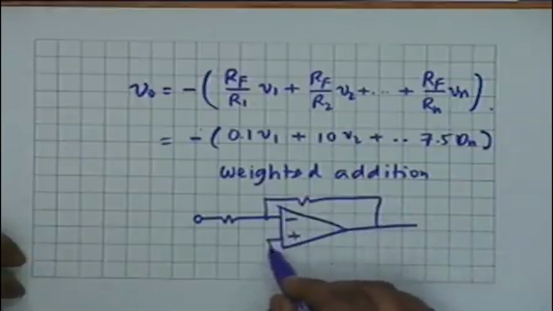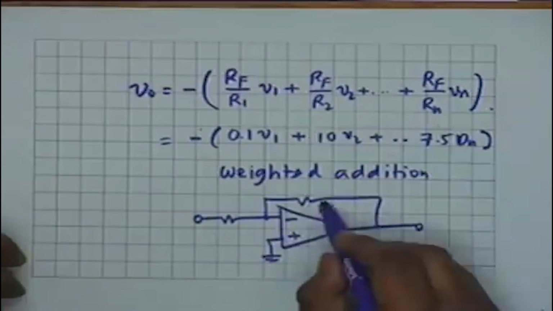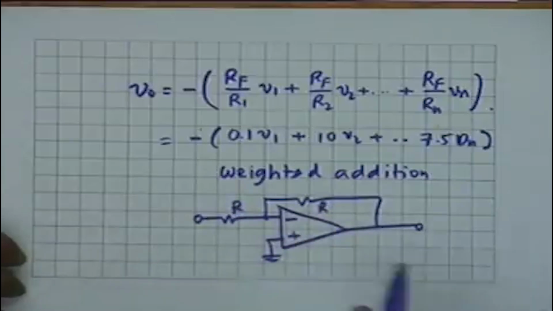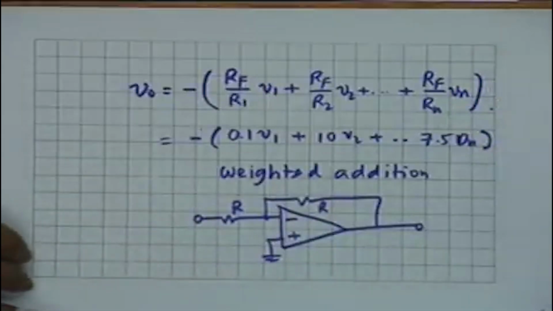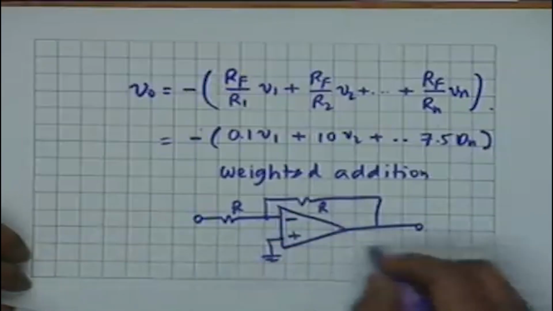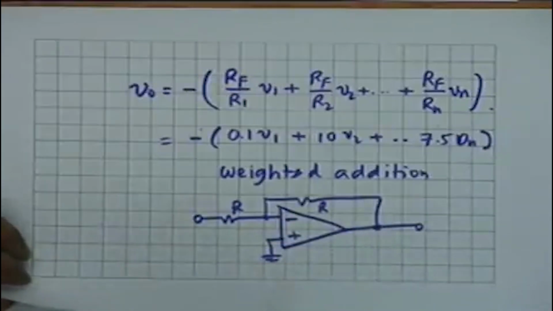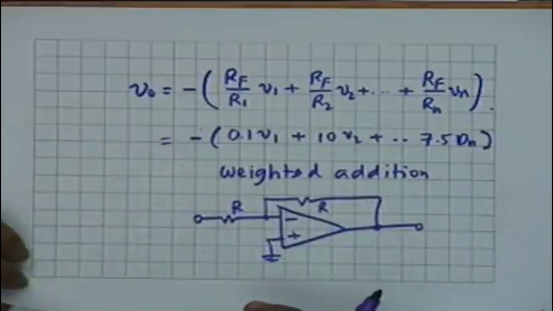Minus, plus, this is grounded, and this resistance is the same as this. So all I do is I connect in cascade another stage like this, and then this is simply a sign inverting stage, that means a stage with a gain of -1.